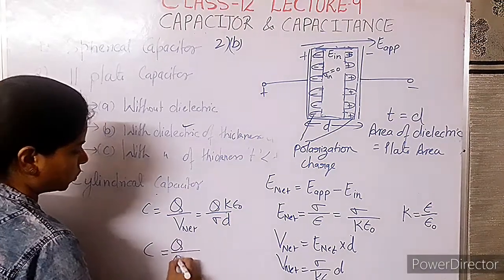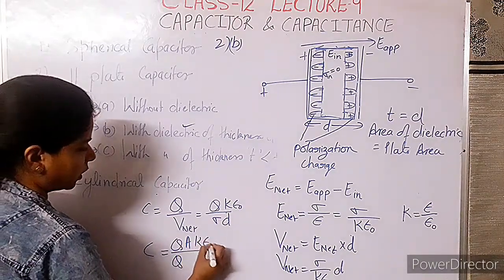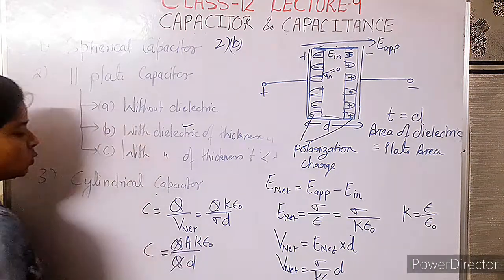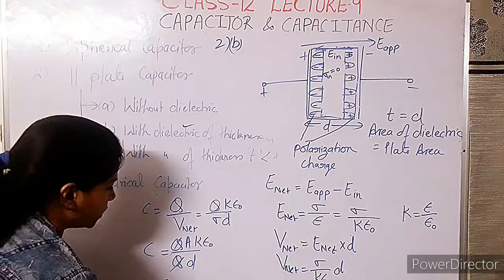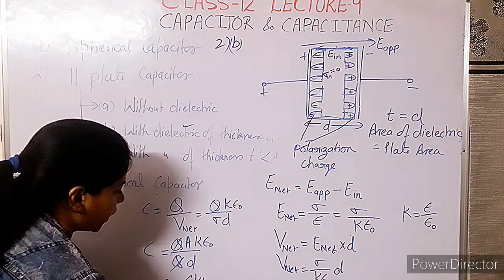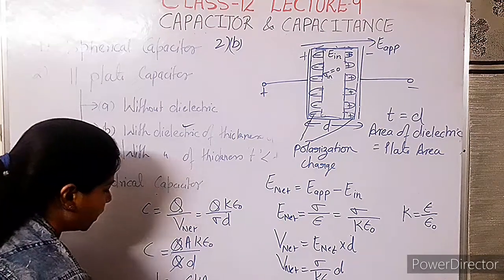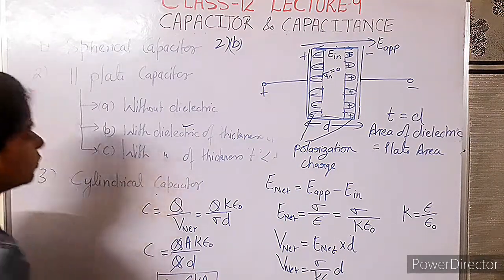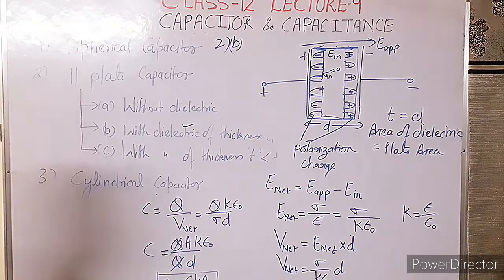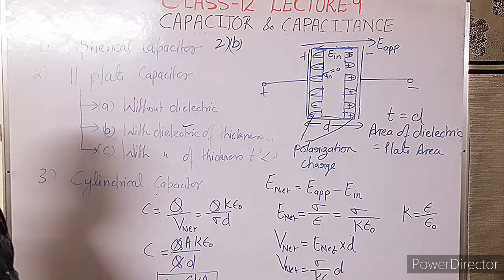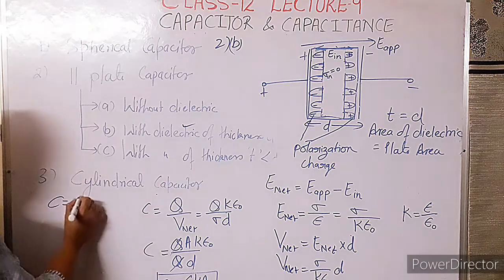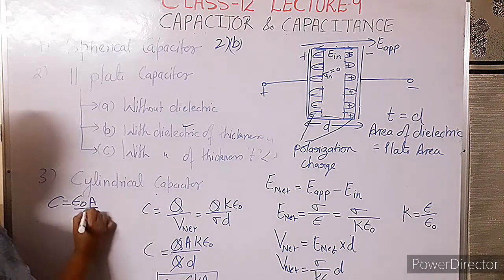Sigma is equal to Q by A. Q and Q will cancel out, and you will get the result C is equal to epsilon naught K A divided by D. So this is the final result for the capacitance of a parallel plate capacitor filled with dielectric.